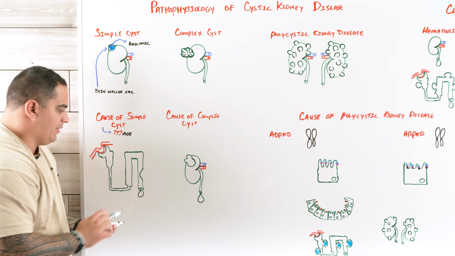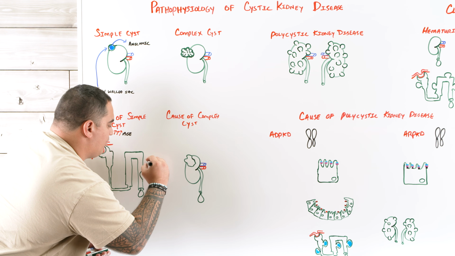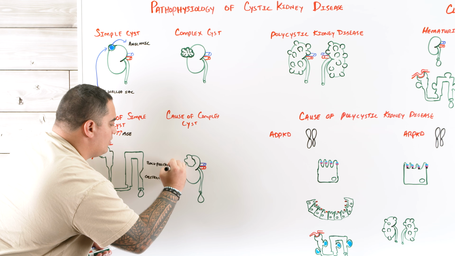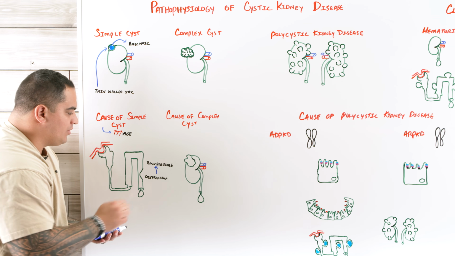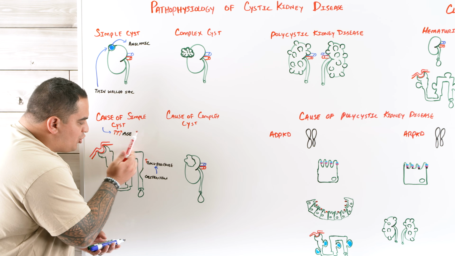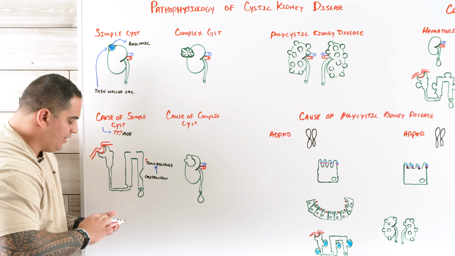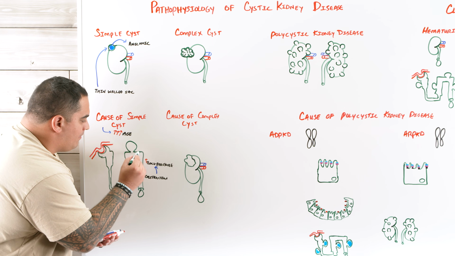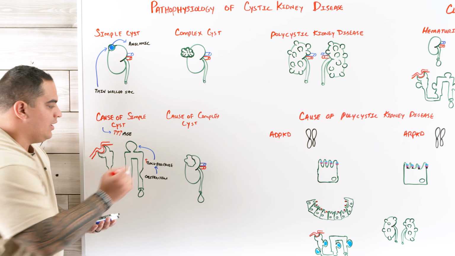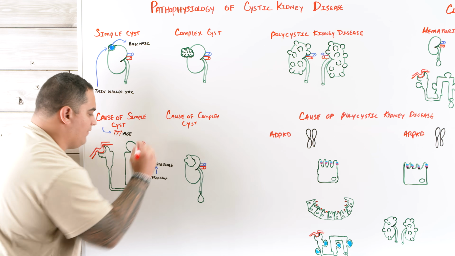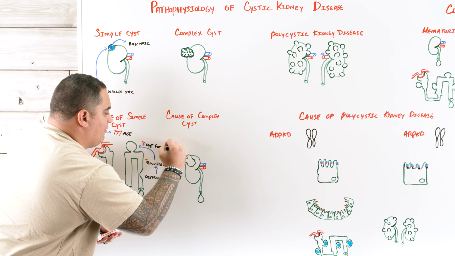This will cause back pressure to build up proximal to where the obstruction is. The back pressure exerts force on the tubular wall, causing bulging of the tubular epithelium, and that is what stimulates the cyst formation. Then it gets filled up with a bunch of fluid.